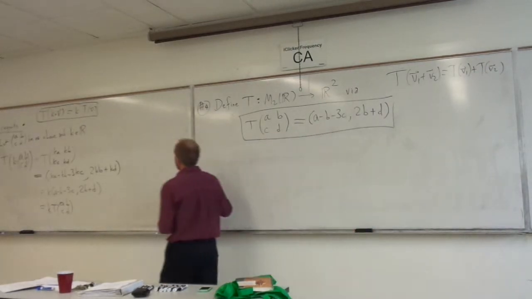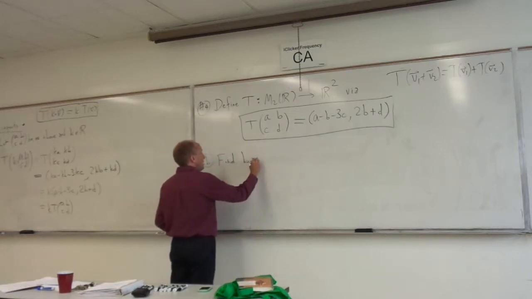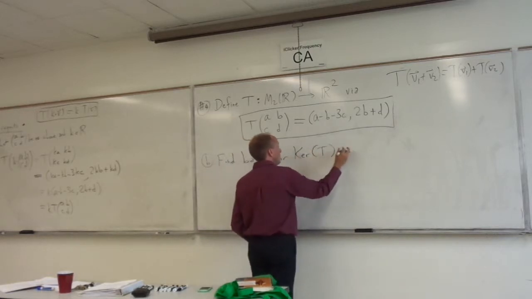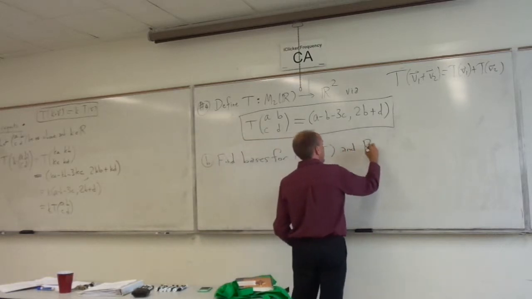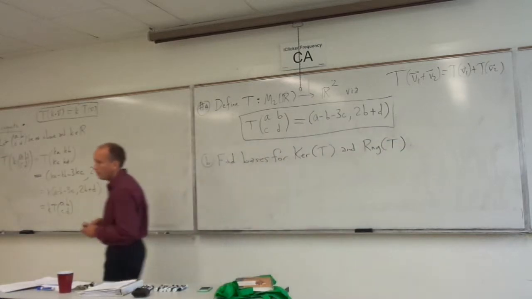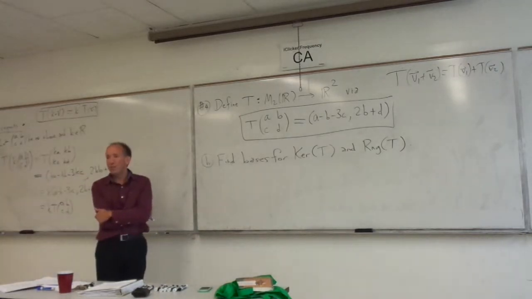Okay, so this is part B. Find bases for the kernel of T and for the range of T. I think probably the very first thing we should do is remember what these things are.